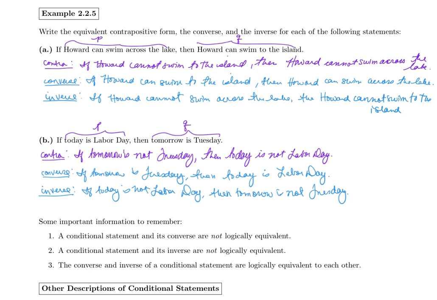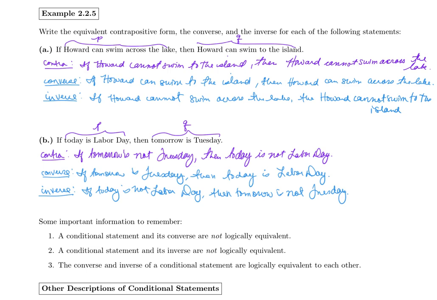Once again, there are 51 other Mondays that today could be. Even if it's not Labor Day, we still have 51 other Mondays. That would be essentially saying we only have one Tuesday all year. So as we can see, that also wouldn't be logically equivalent to our conditional or our contrapositive.